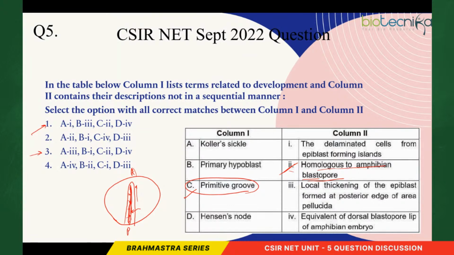Now let's see more. We know Hensen's node is present at the tip of the primitive streak, and this is required to organize the other tissues surrounding it. So this acts as the organizer. And in amphibians, what acts as organizer? It is the dorsal lip of blastopore.